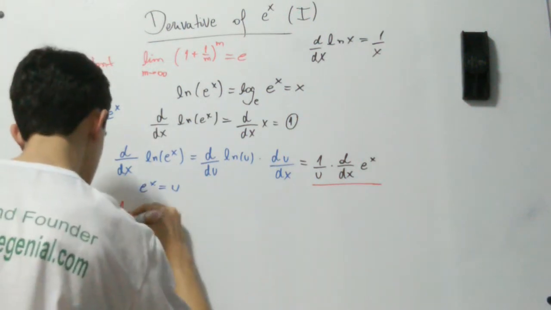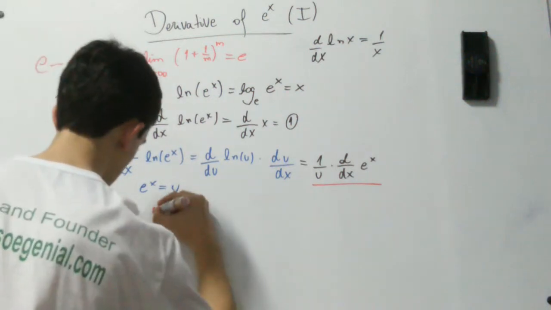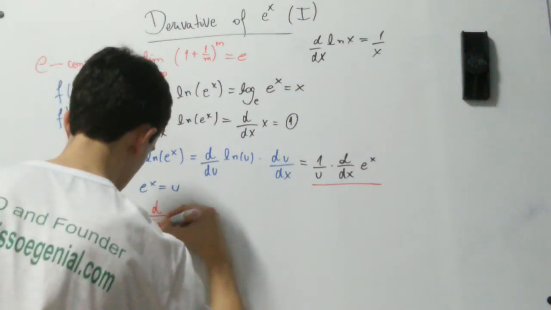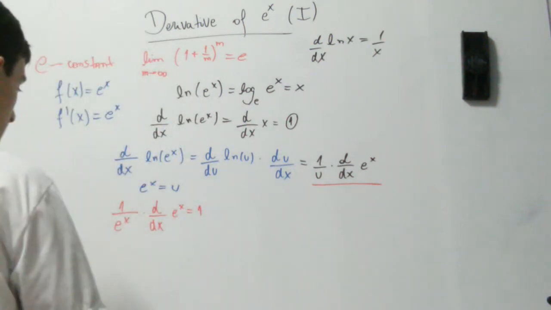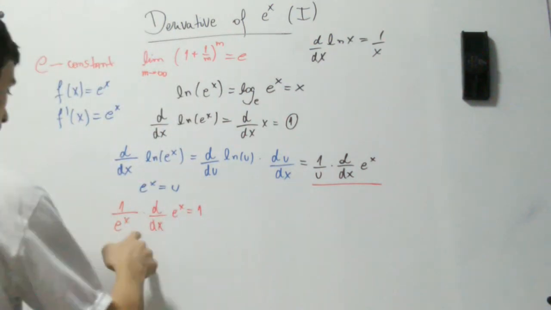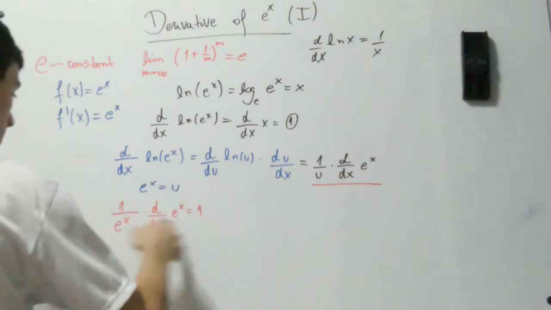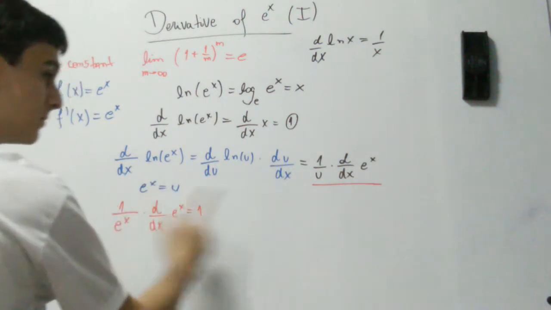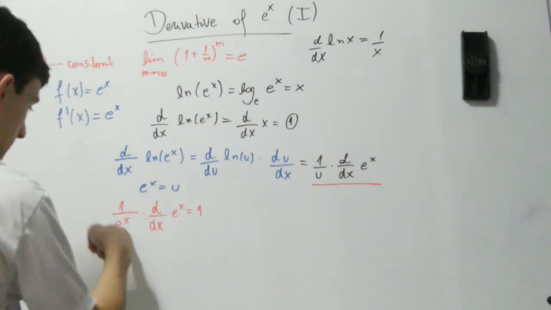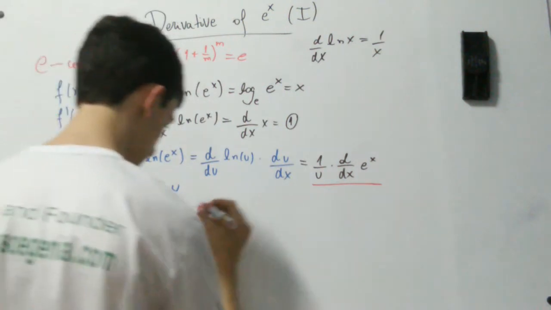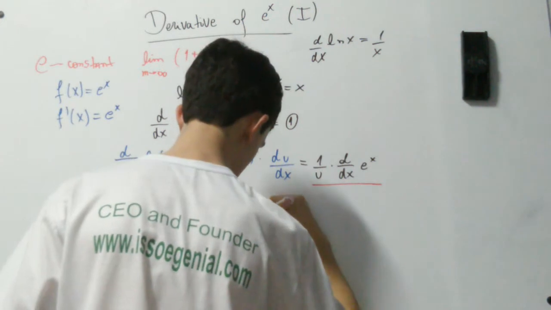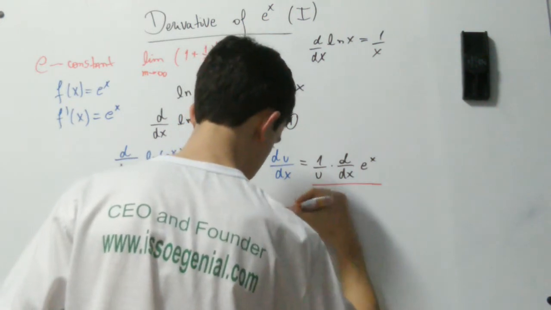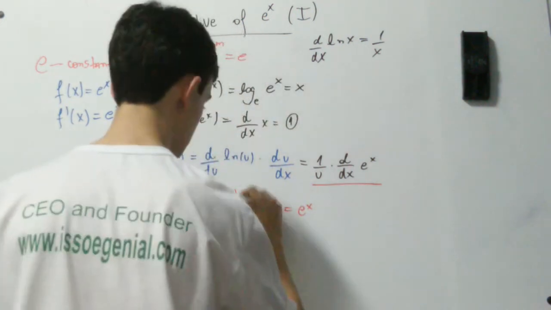So 1 over e to the x times the derivative with respect to x of e to the x is equal to 1. And this is what I want to know, the derivative with respect to x of e to the x. So if we multiply both sides by e to the x, we discover that the derivative with respect to x of e to the x is equal to e to the x.